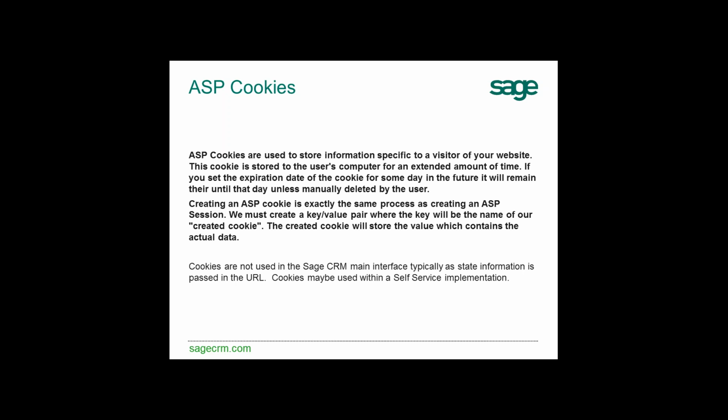ASP pages can use cookies just like any page inside a server. Cookies are not used inside the Sage CRM main interface. They might be useful to you inside a self-service implementation. I'm not going to talk about them now, but if you wanted to do some homework, there are a couple of blog articles which talk about cookies within self-service.